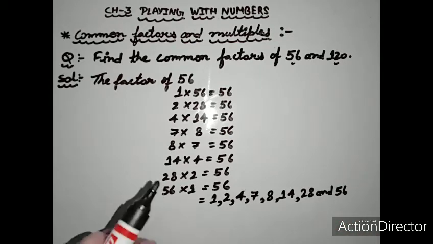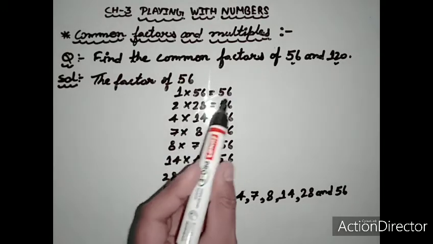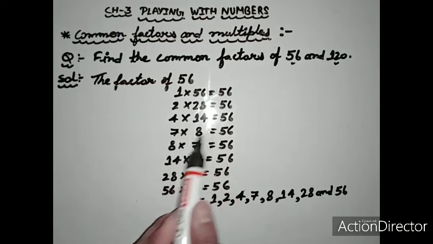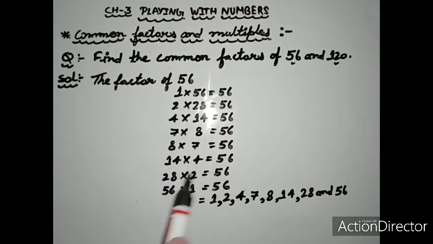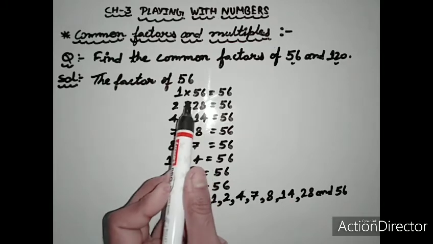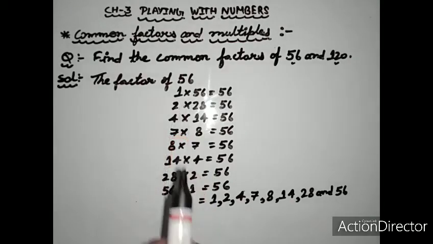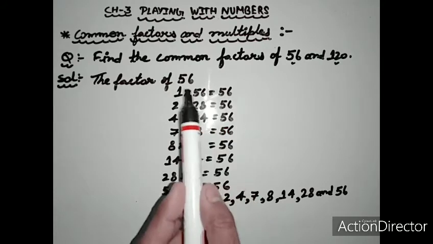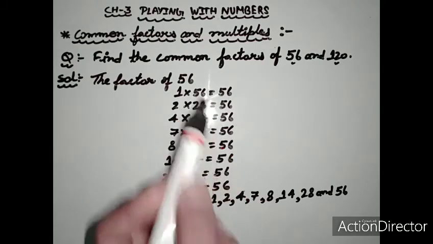Dear students, if you want to find the factors of 56, you can also divide 56 by 2, then 4, then 7, then 8, 14, 28 and other numbers also. So you get the correct pair of two numbers. When you multiply these two factors, we get 56 as the product, the same as the given number.